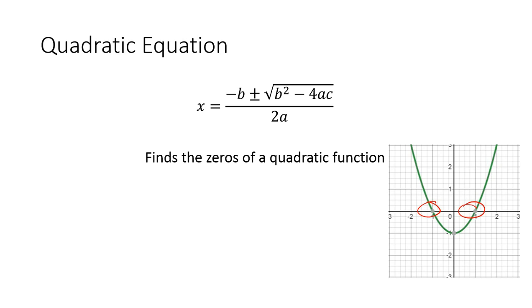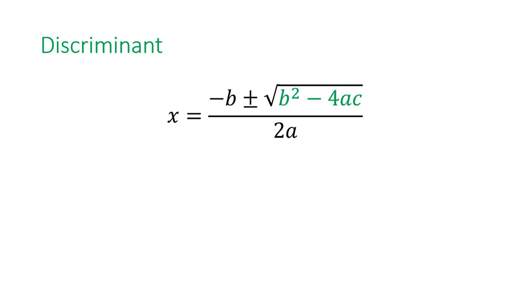That's our quadratic formula, which we talked about in our previous video, 10.6. Now we're going to look specifically at the discriminant. The discriminant is the part underneath the square root. It's not the square root itself, it's the part inside of it. So the discriminant is just b squared minus 4ac.